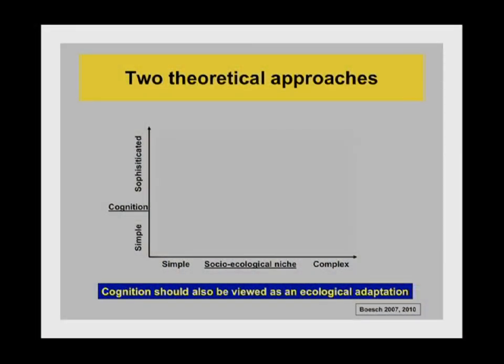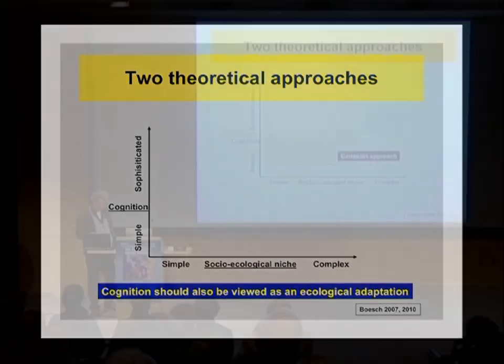But basically, this Cartesian approach is implicitly accepting that whatever the socio-ecological conditions an individual of any species is confronted with, they are not going to affect the cognitive development and therefore the expression of some of the behaviors they present.